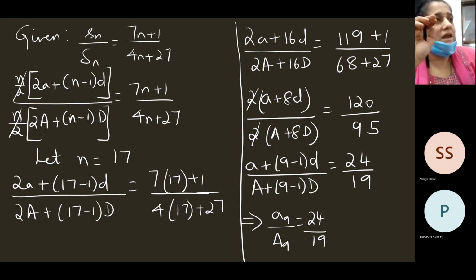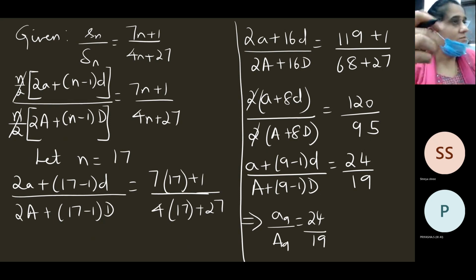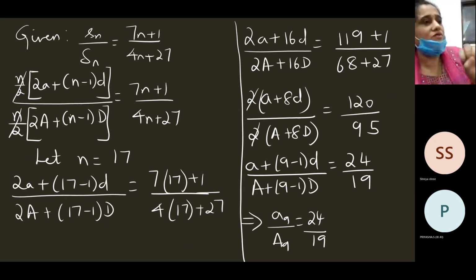Let small letter a, small letter d, and small letter s, because they are two different APs. What are the letters you see in an AP? You see the first term A, common difference D, and here the sum to n terms, so small s, and n also. But n is the same in both, because it is the sum to n terms of both the APs. N is n in both.